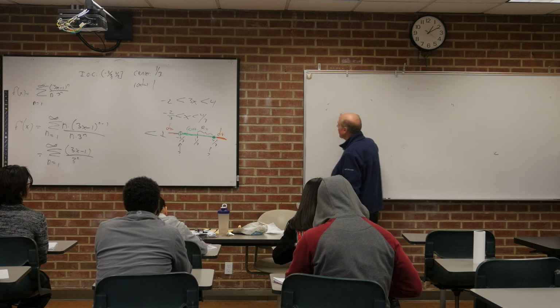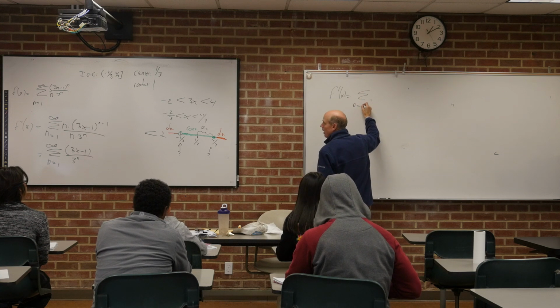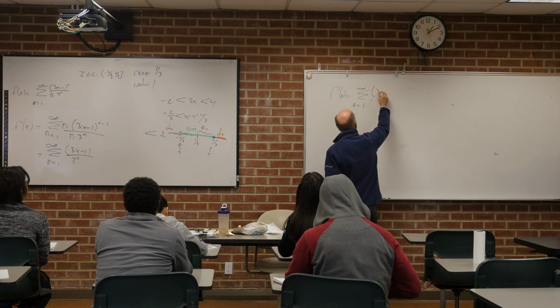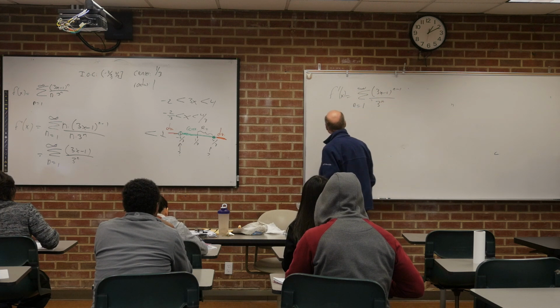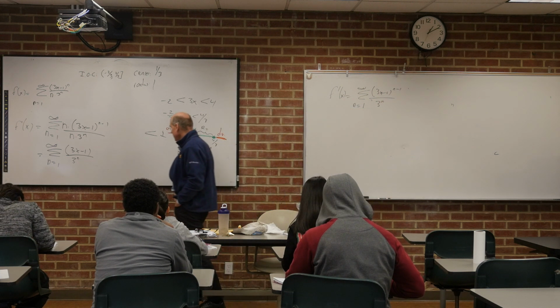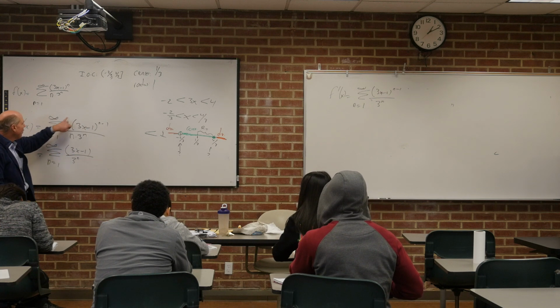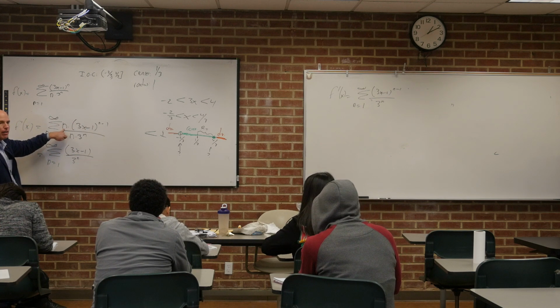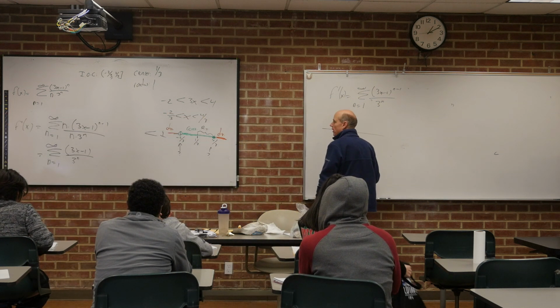So for the derivative, it's going to look like this. Okay, so the derivative puts an n in front of each piece. And with the n there, does that make it bigger or smaller?